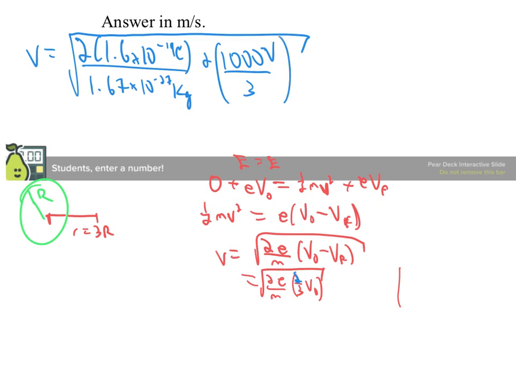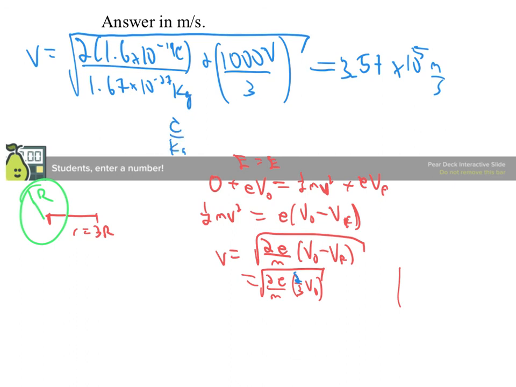And we end up with something like 3.57 times 10 to the 5th. I suppose I could say on faith that I'm pretty sure it's meters per second, but let's just check it out.